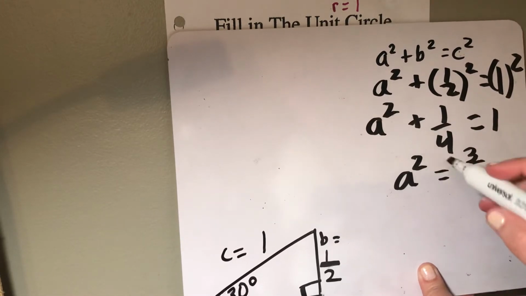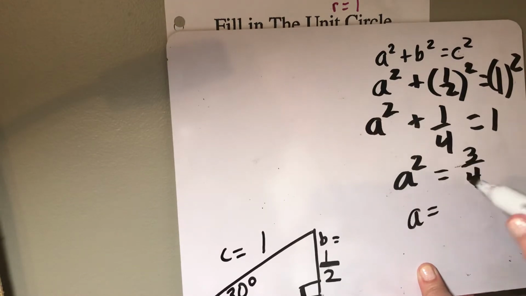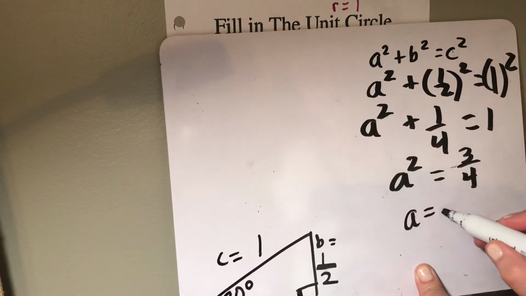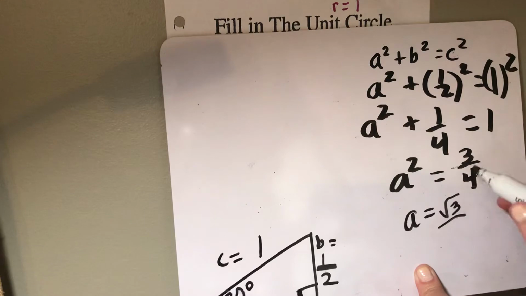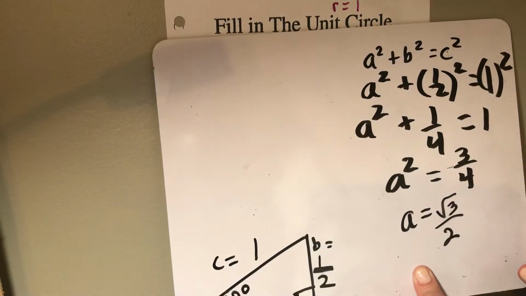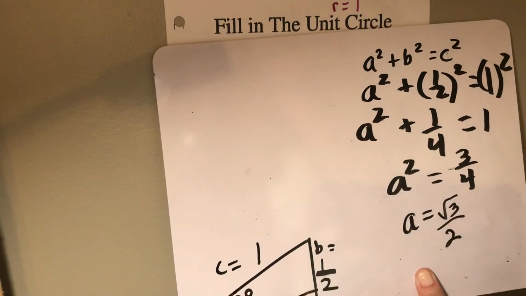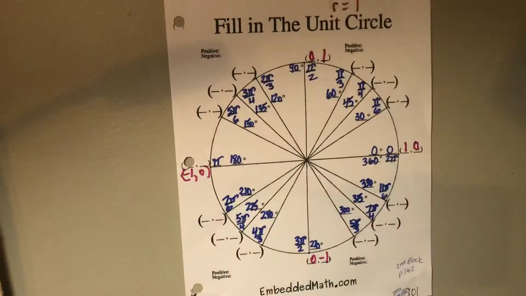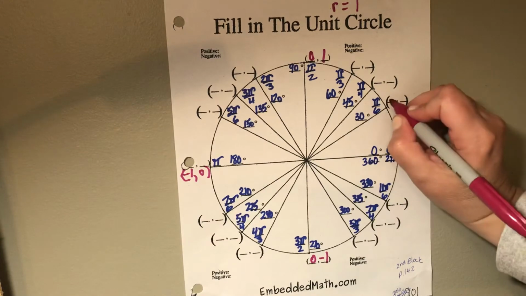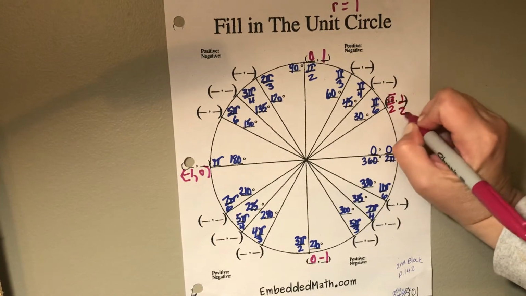To solve for a, you would square root both sides. So the square root of 3, I would leave that. Square root of 4 is 2. So that horizontal distance is the square root of 3 over 2. If I go back to my unit circle and fit that in, this point right here is the square root of 3 over 2 and a half.